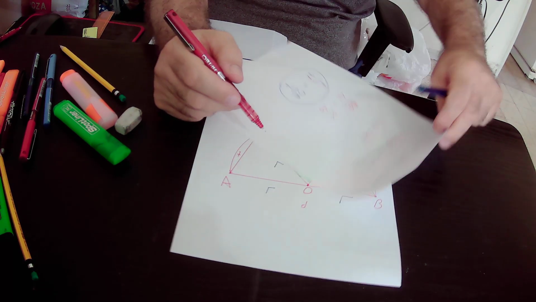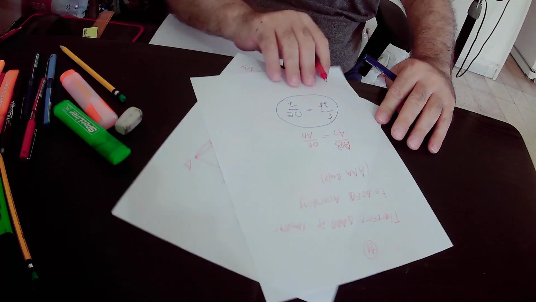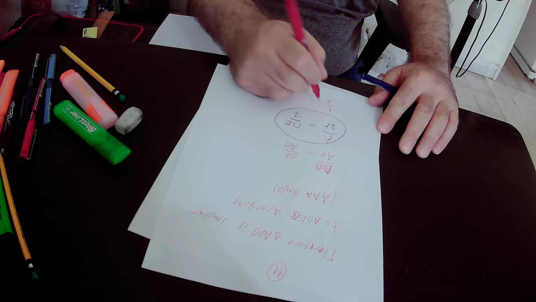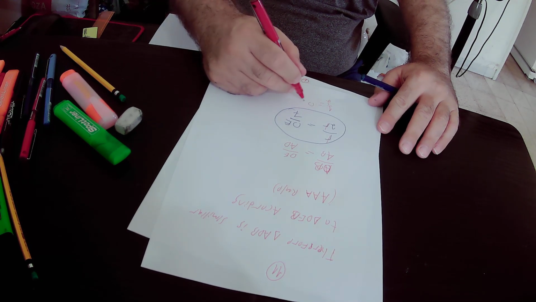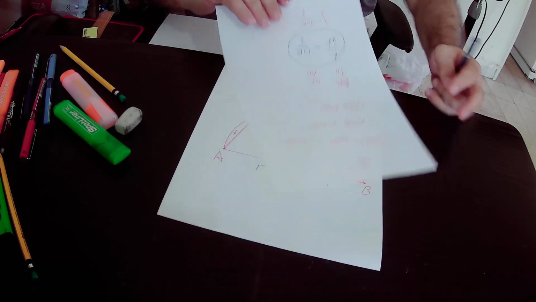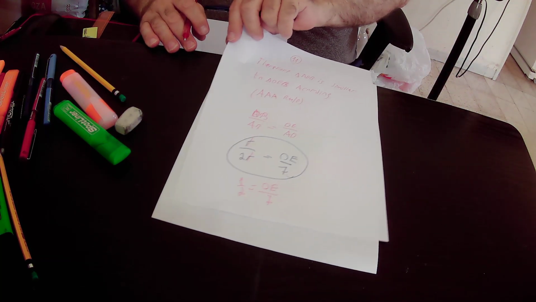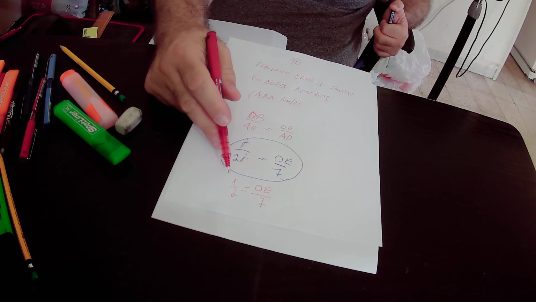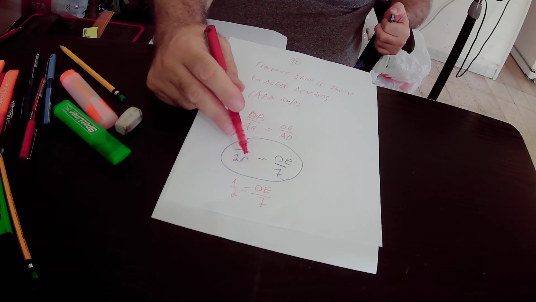So here we got that 1 over 2 equals OE over 7. Again, from this equality we got that 1 over 2 equals OE over 7.